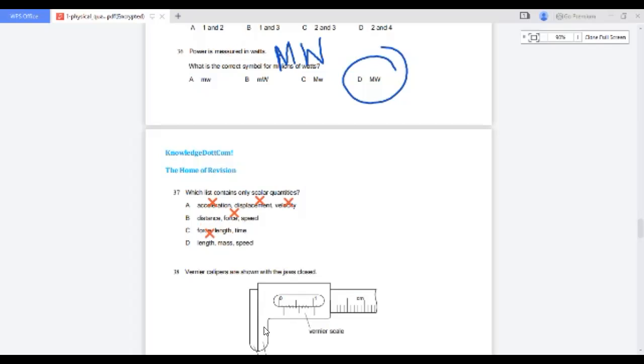So it means options A, B and C are incorrect. And let's see D. Length is a scalar, mass is a scalar, speed is also a scalar. So overall this option contains all scalar quantities.